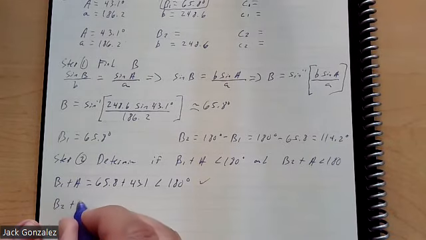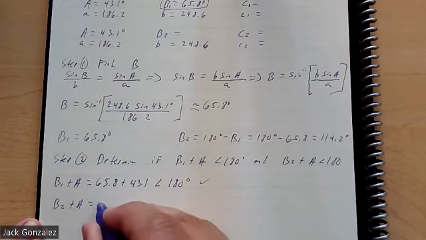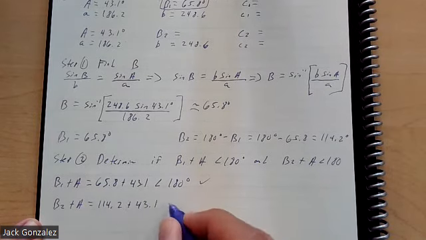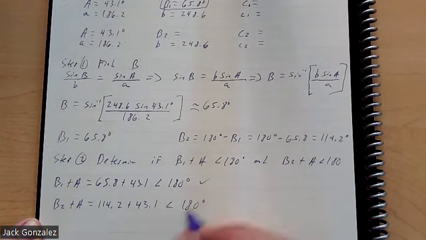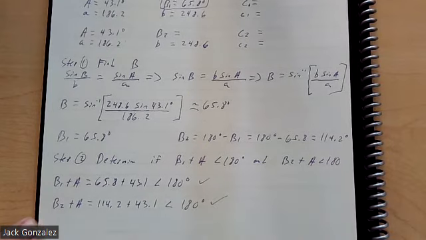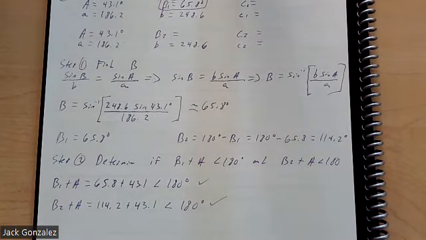Is B2 plus A less than 180? That's 114.2 plus 43.1. That is less than 180, about 157.